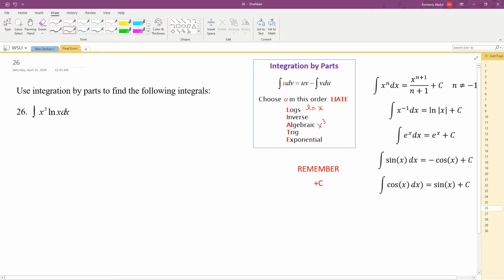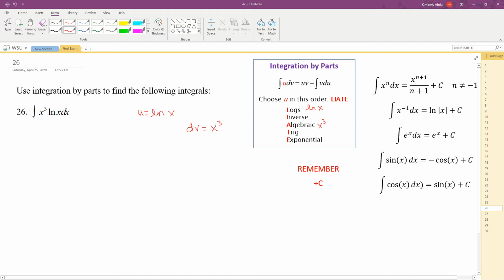Since this one comes up higher, I'm going to let u be the natural log of x, which would then make the other part, the x to the 3, my dv.